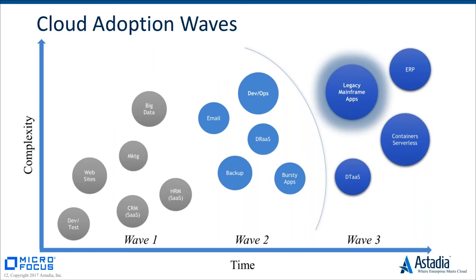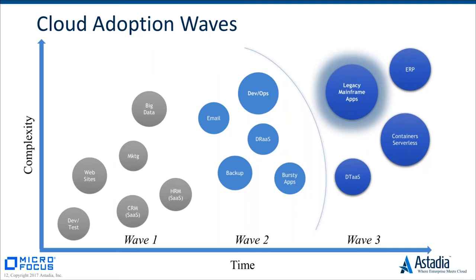Then we saw people moving their websites and their CRM application systems, and of course you've got Salesforce.com and other companies, human resource management companies that offer software as a service solutions, people moving marketing solutions out there. And then big data, right? A great place to put data and do a lot of crunching that you might not want to buy a bunch of hardware for.